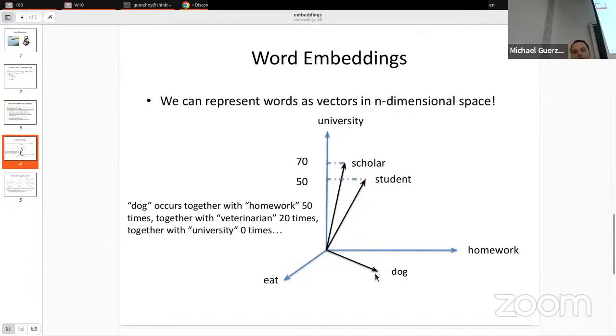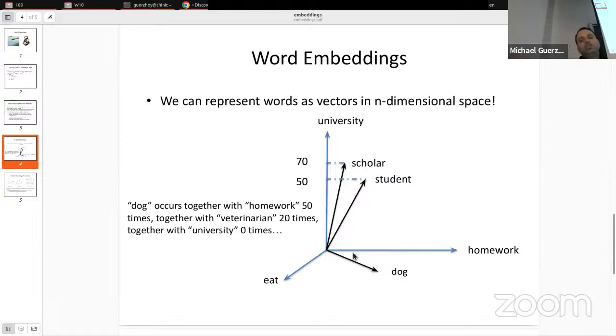And then you're going to say, well, if we can represent those words as vectors, we can just say that vectors that are close together are going to be similar in meaning, because what does it mean for them to be close together? It means that they kind of occur together with different words in the same amounts roughly.